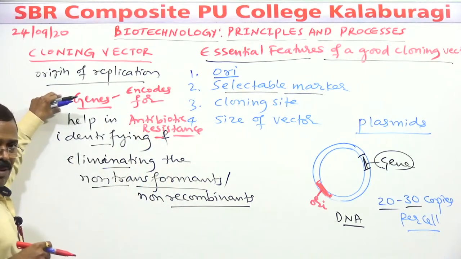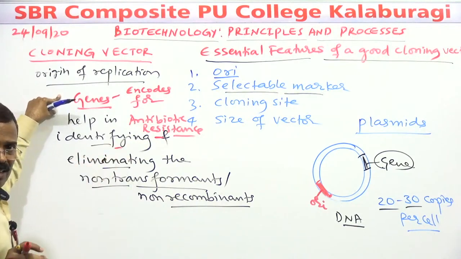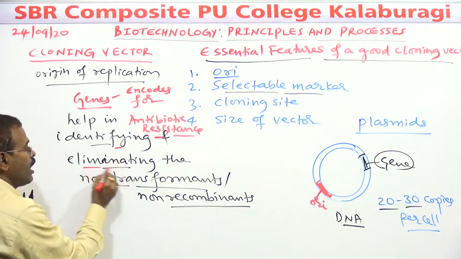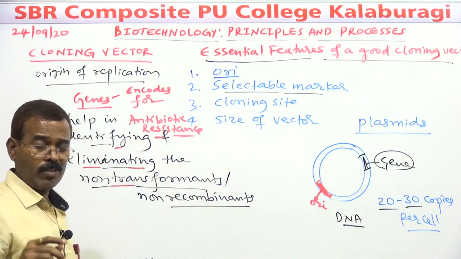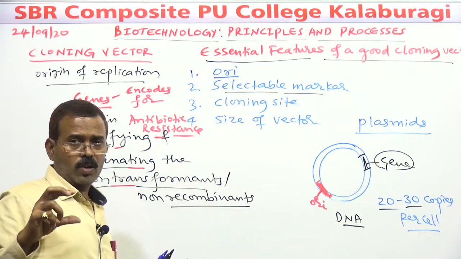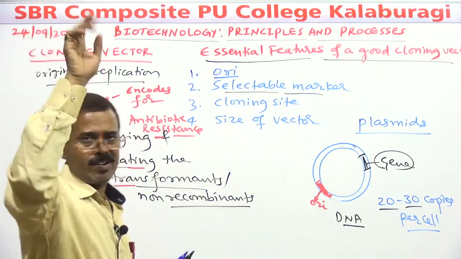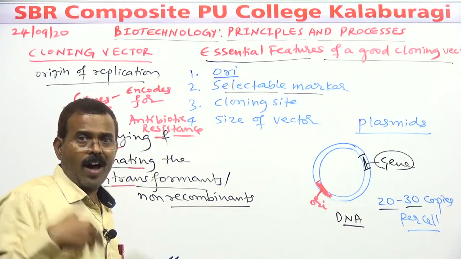So these selectable marker genes help in identifying and eliminating the non-transformants or non-recombinants, meaning the bacterial cell or the host cell which does not have recombinant DNA in it, or foreign DNA, foreign gene in it.